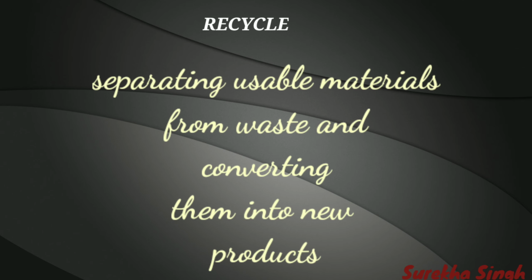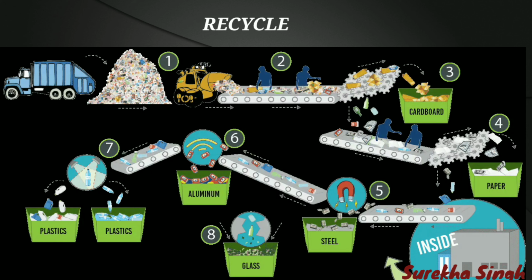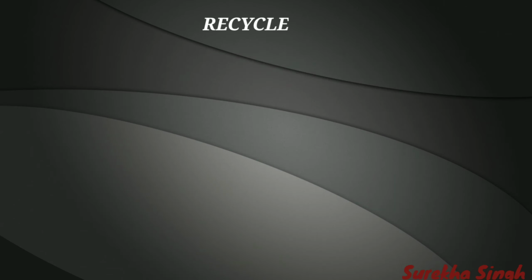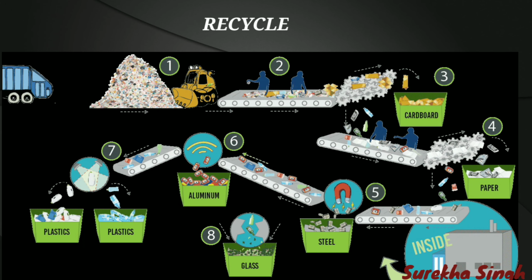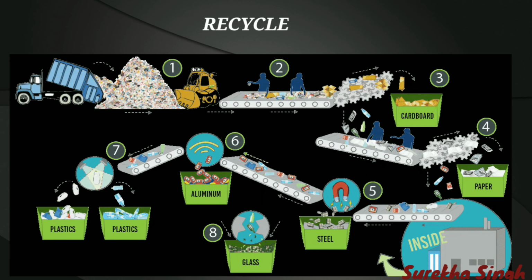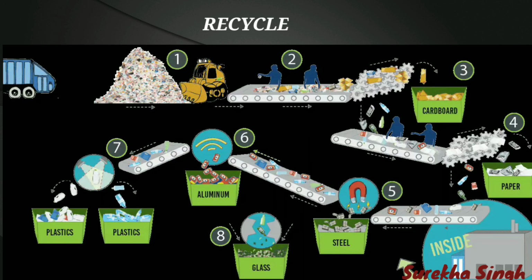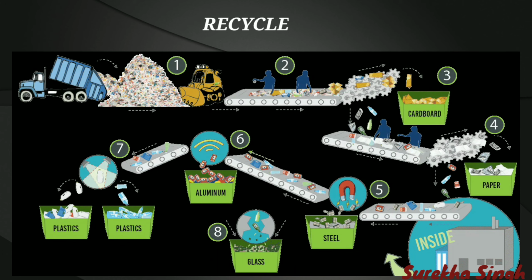Recycle. Recycling means separating usable materials from the waste and converting them into new products. Paper can be recycled to make newsprint, toilet paper, etc. Iron, copper, aluminium, plastic and glass can also be recycled and made into useful items.